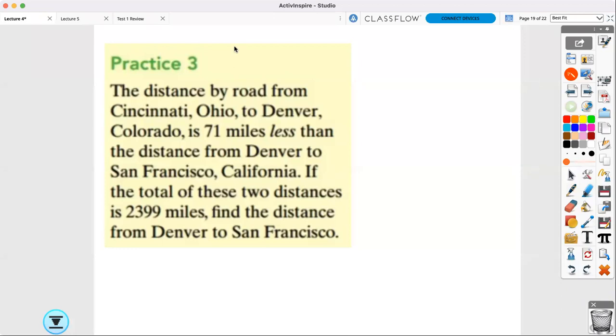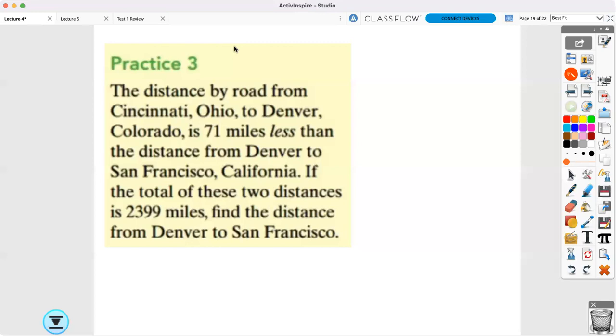The distance by road from Cincinnati, Ohio to Denver, Colorado is 71 miles less than the distance from Denver to San Francisco, California. If the total of these two distances is 2399 miles, find the distance from Denver to San Francisco.